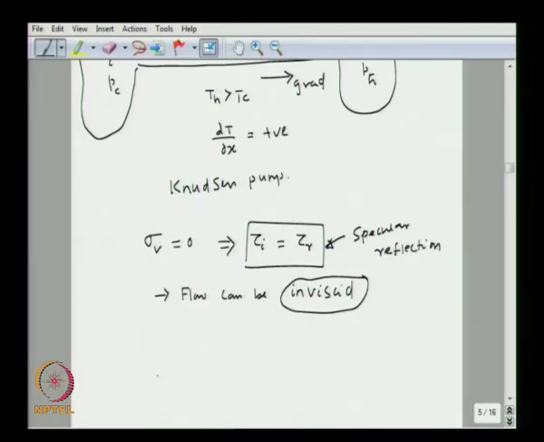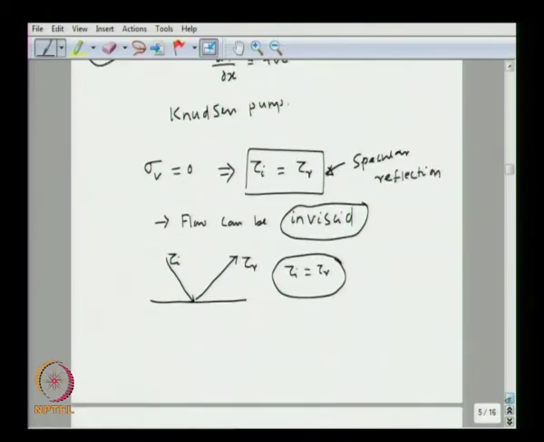Here, if the molecules are coming in at some tau i, they will go out at tau r, so tau i is equal to tau r. This is the case of specular reflection, and this occurs when the surface is very smooth.